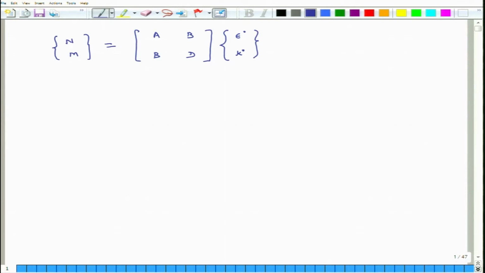So, in this class we will do an example where we will actually calculate the elements of the A matrix, B matrix and D matrix for a relatively simple laminate.